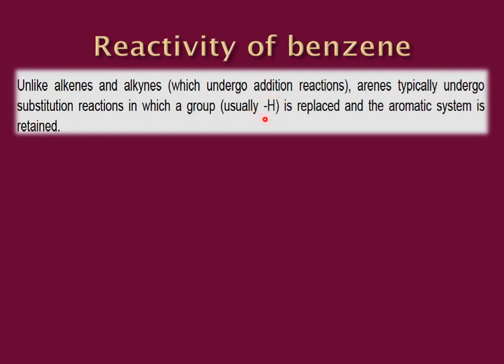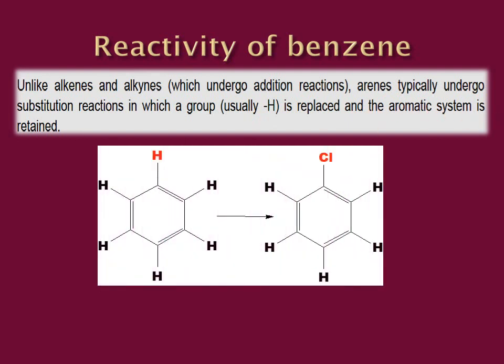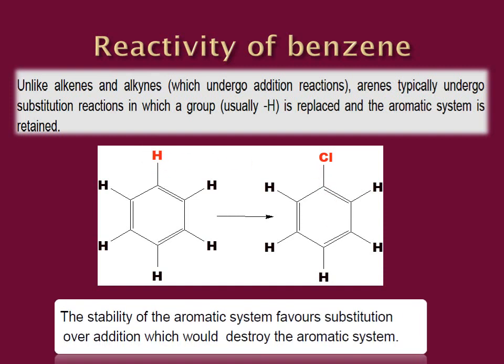Just look at this diagram. This hydrogen represented in red can be substituted in the presence of chlorine. So instead of chlorine being added to the double bond, it replaces this hydrogen atom, and the stability of the aromatic system favors the substitution over addition, which would destroy the aromatic system.